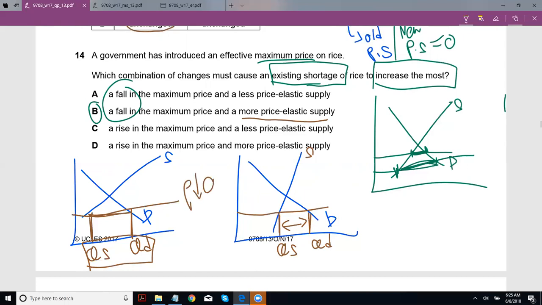And in a more elastic supply curve, the quantity supplied would fall by a lot, which is exactly what you want, so that the shortage, how much quantity demanded is greater than quantity supplied, that difference between quantity demanded and quantity supplied is more. It's just basically more, right?